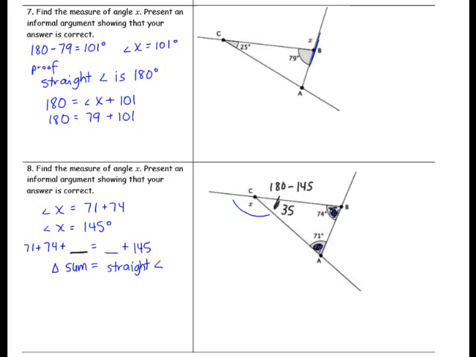So that is 35 degrees. This adds up to 180 degrees. That's the triangle sum. Then on the right side of the equation, we have two angles on a straight line. 35 plus 145 equals 180 degrees as well, proving that my answer of 145 degrees is correct.